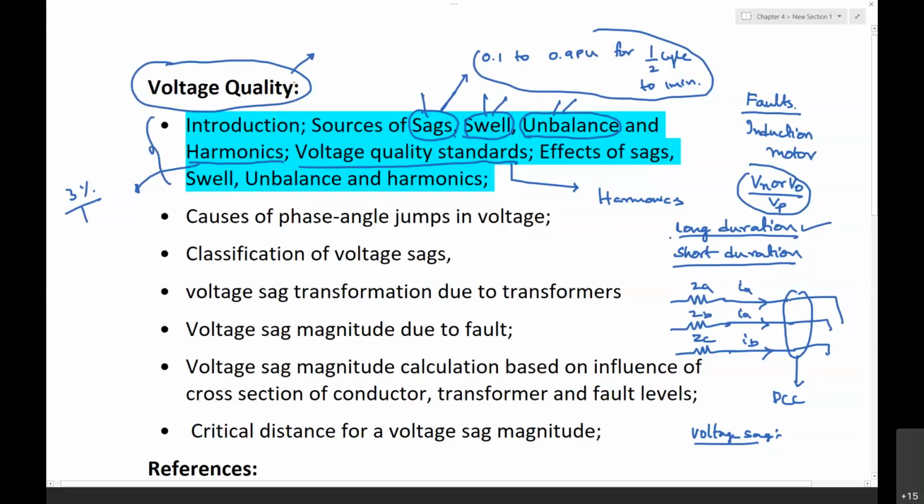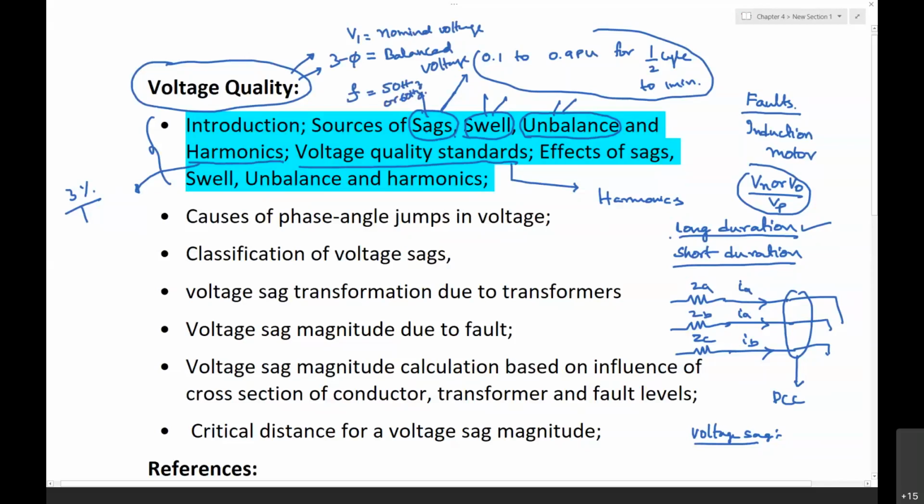With respect to the voltage quality, what we expect is that the RMS voltage, or the fundamental voltage, should be at the nominal voltage. When you consider a three-phase system, the three-phase voltages should be balanced, and the frequency of that voltage should be 50 hertz or 60 hertz.